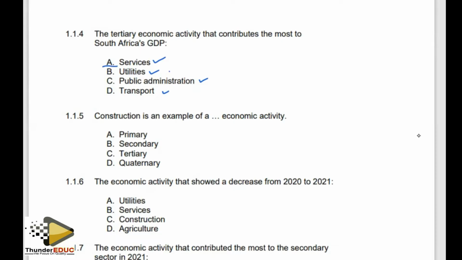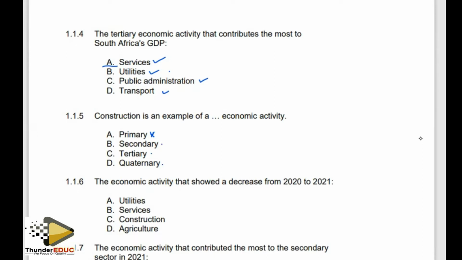1.1.5, construction is an example of a dash economic activity. Construction, as we know, is not about extraction. So we're going to compare with tertiary, quaternary, and secondary.